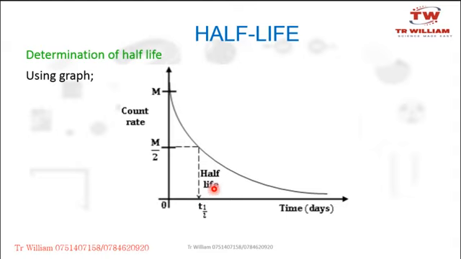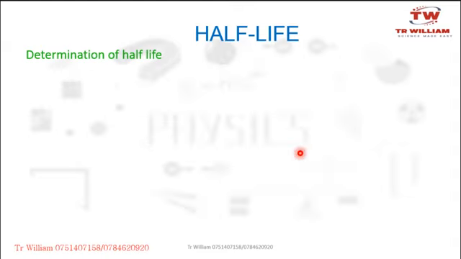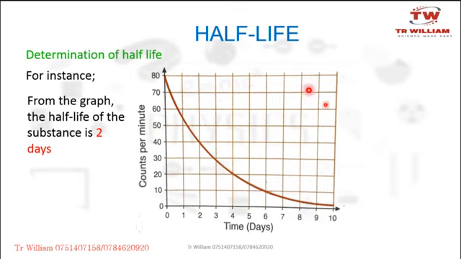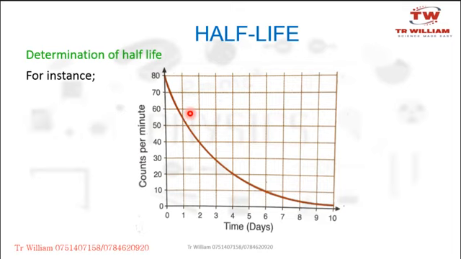Let's just look at an example. For instance, let's say this is the curve we got when we plotted our values. We see originally, when the time was 0 days, the count rate was 80.